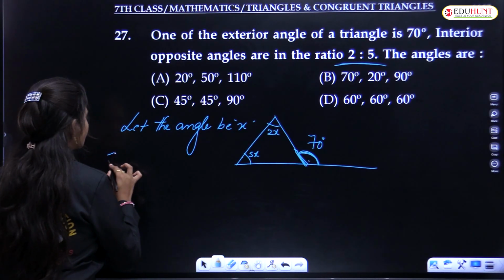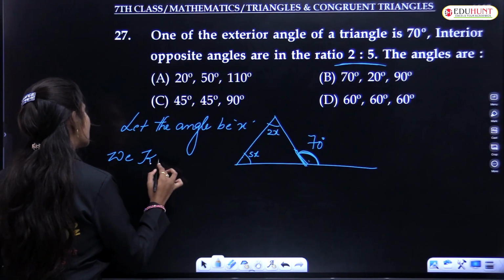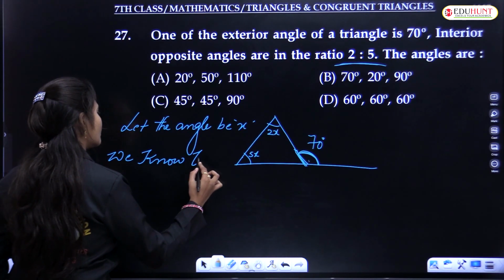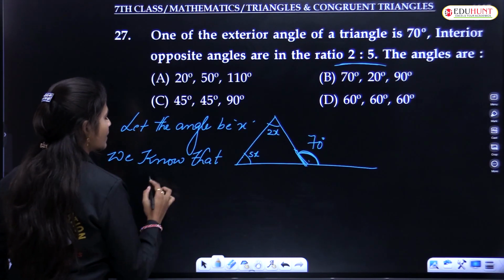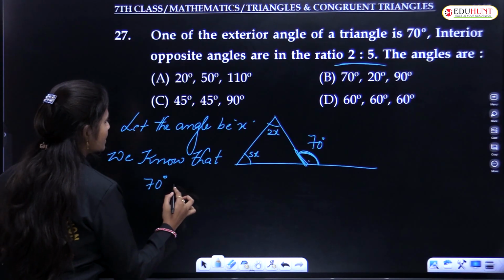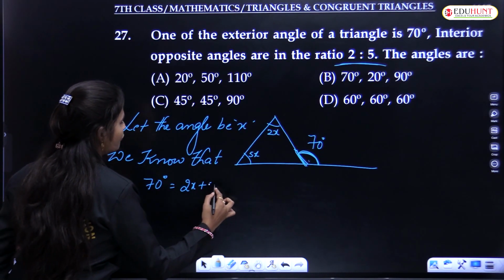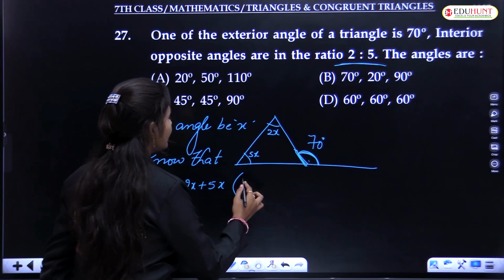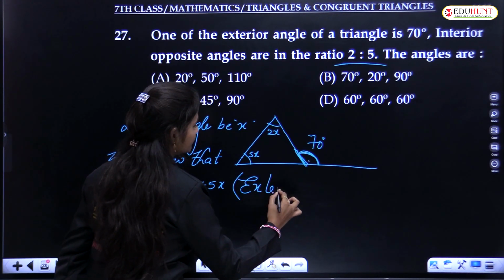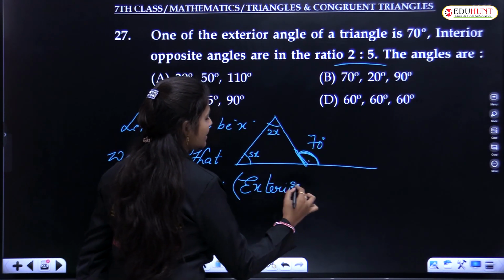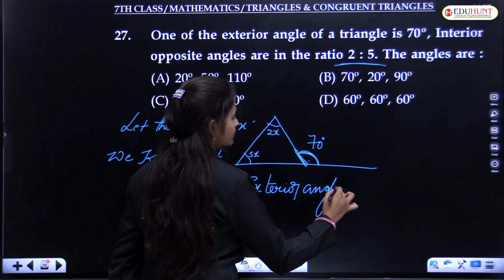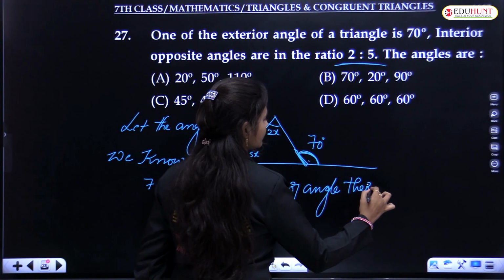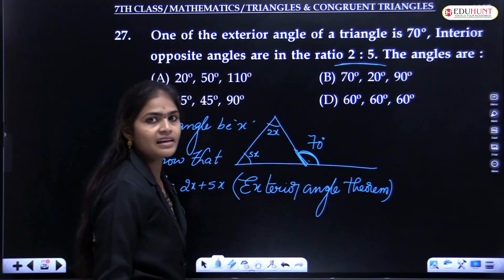And what do we know, what is the condition here? We know that 70 degrees is equal to 2x plus 5x. Why? Because this is related to the exterior angle theorem. What is the exterior angle theorem?